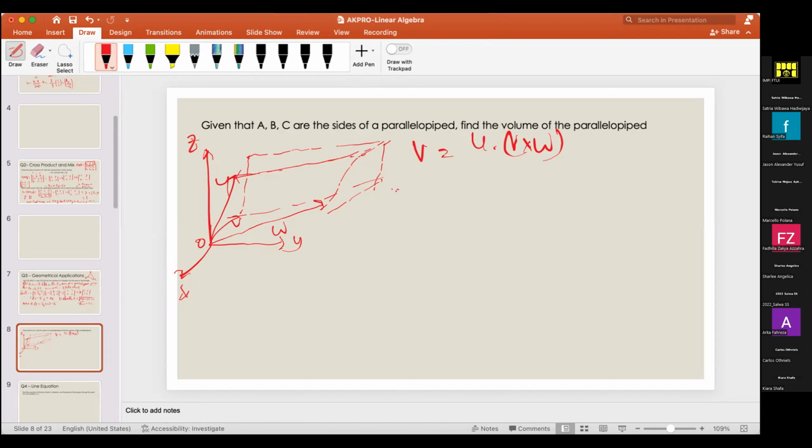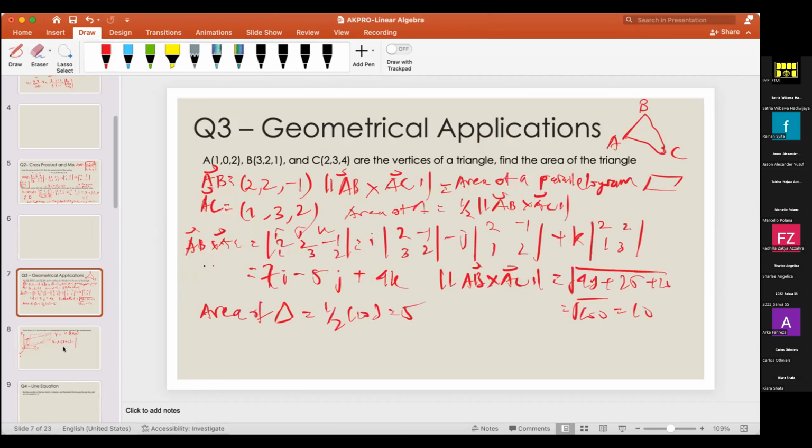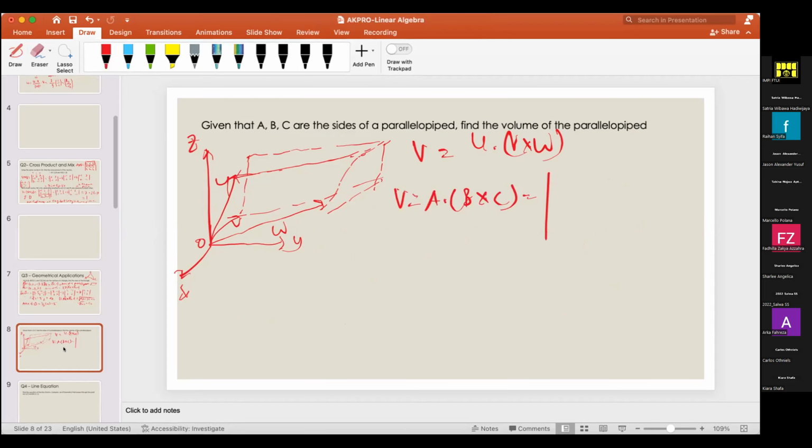Hence, we're going to do the same thing to A dot B cross C. And if you were to look at the previous slide, A is 1 0 2, B is 3 2 1, and C is 2 3 4.